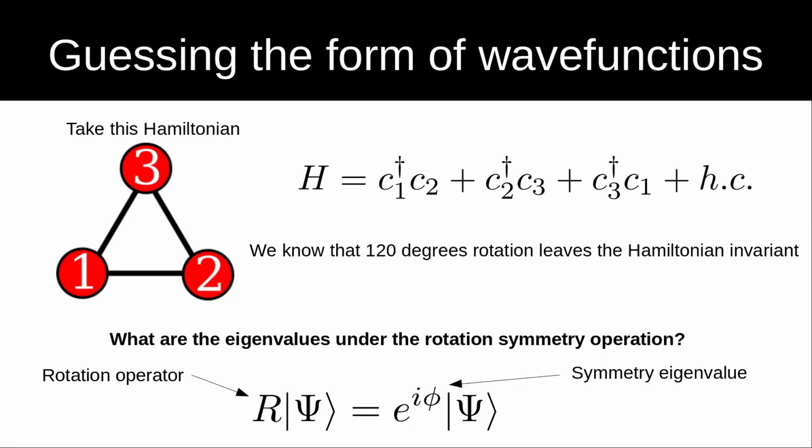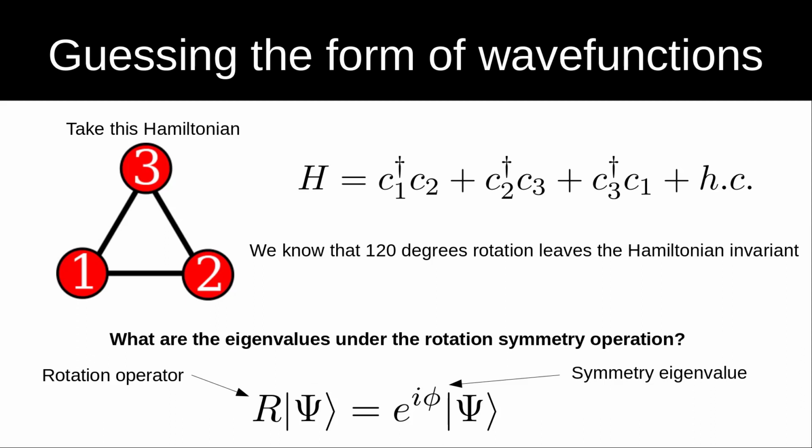Okay, very good. So now let us do a very small exercise. Let us imagine that we have this Hamiltonian. This is the Hamiltonian of a tight-binding model with 3 sites, and it has a symmetry, which is 120-degree rotation.